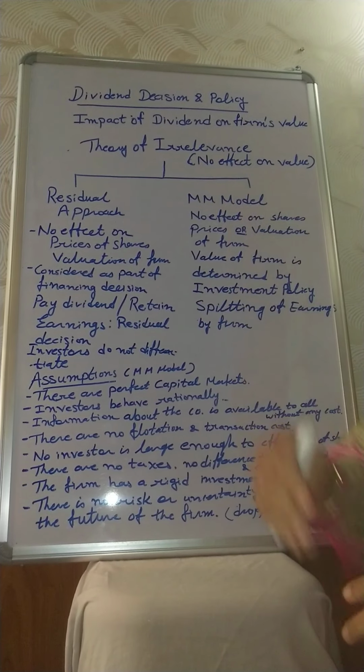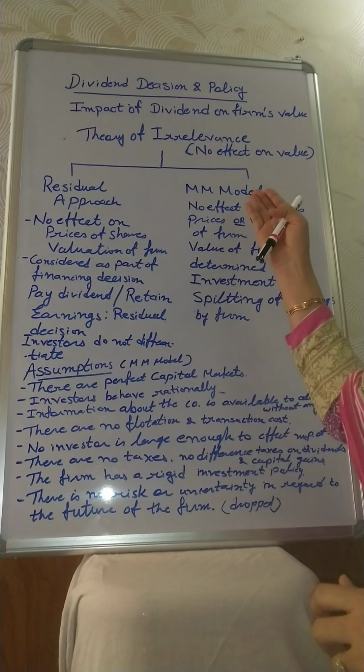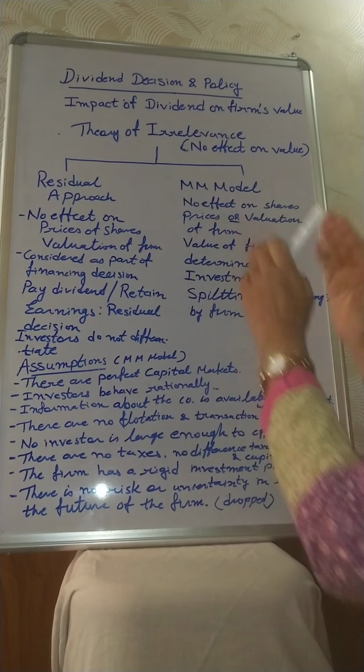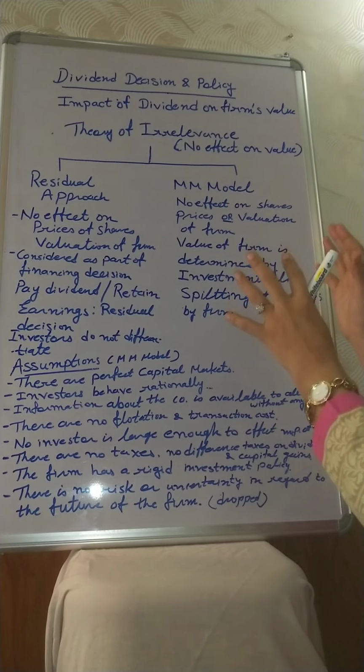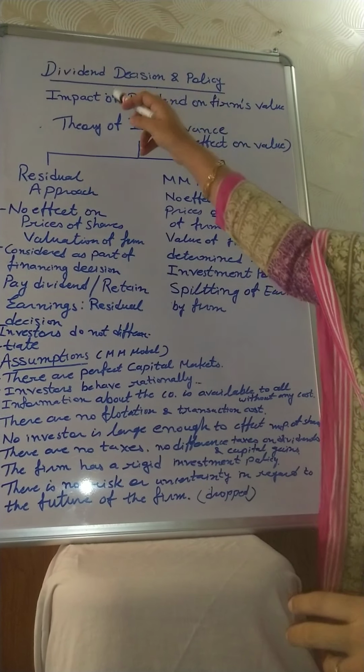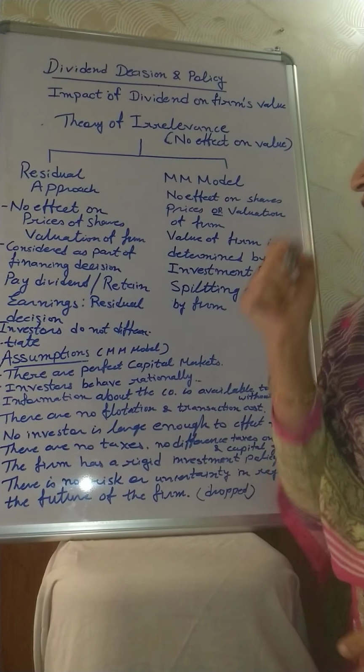Number one is the residual approach and the second one is the Modigliani-Miller model. As per both the approaches, they have mentioned that there is no effect of this dividend decision on the valuation of the firm.